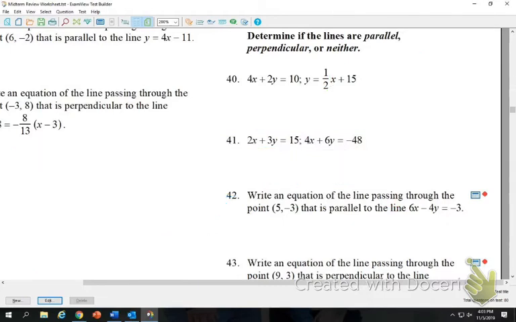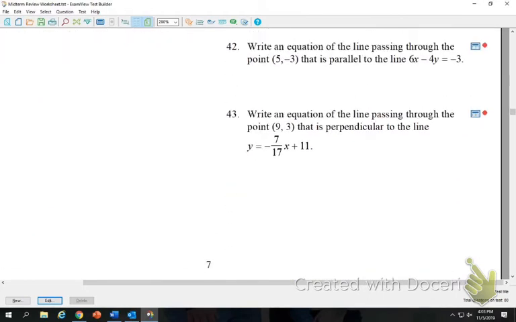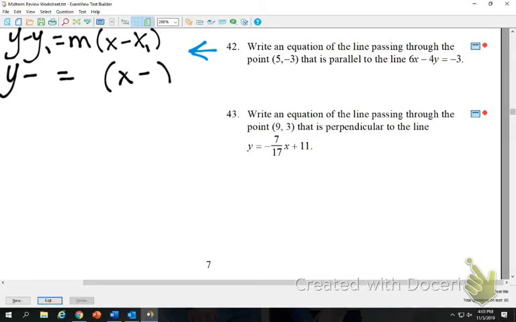We're going to move on to 42 and 43. So 42, again, you're going to do y minus y1 equals m times x minus x1. So when we plug in our y, that'll be negative 3, which will look like a positive. My slope, I'll find from my old line, but I can't find it the way it's written. So I need to solve for y equals mx plus b.